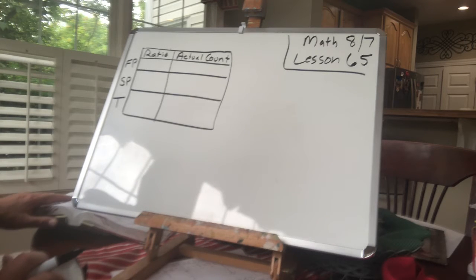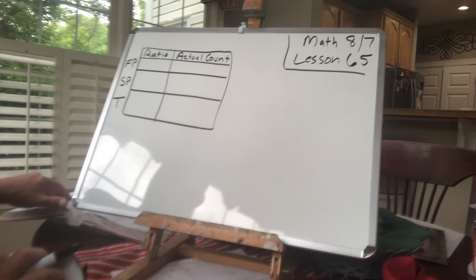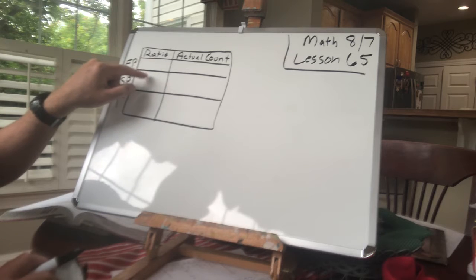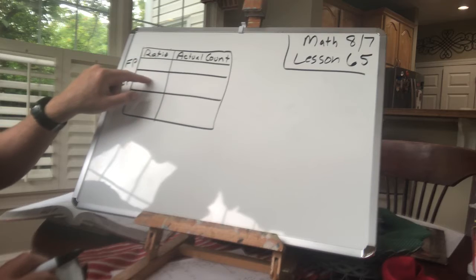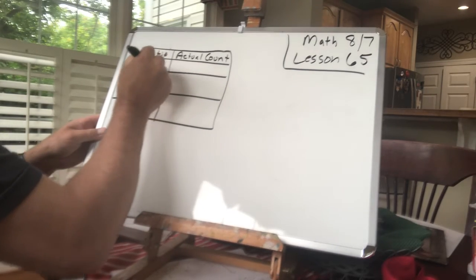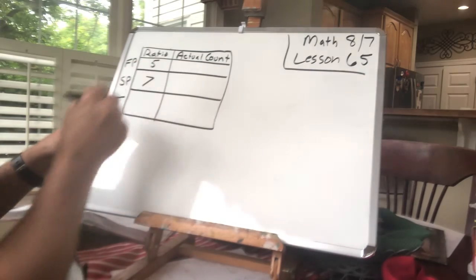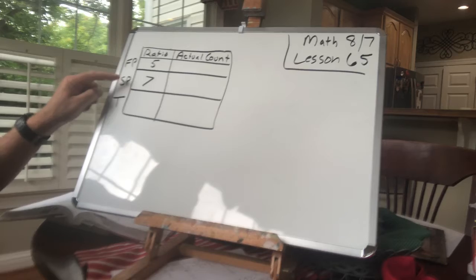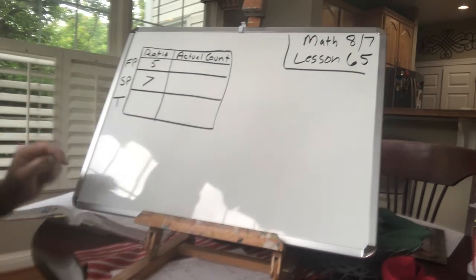Whatever they list them as, that's where they fall. However they list them is however you want to put them in the problem.